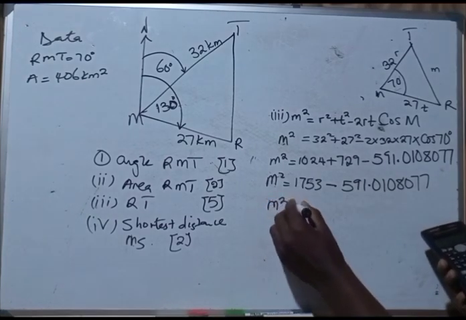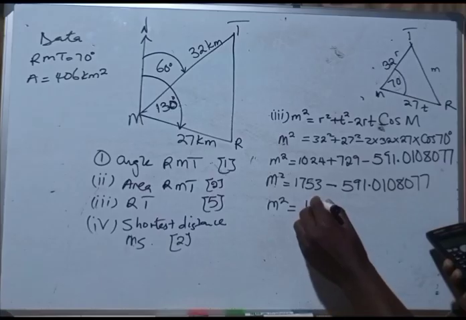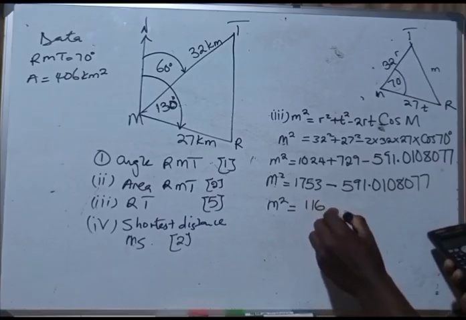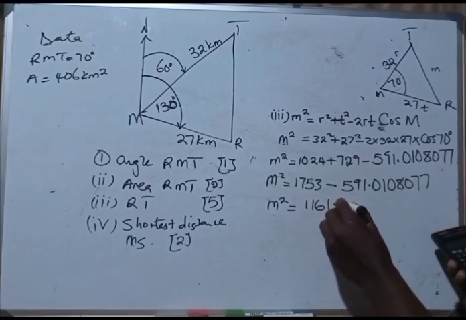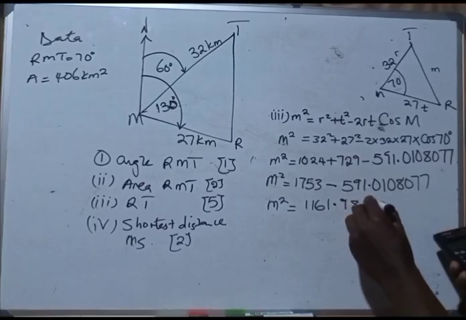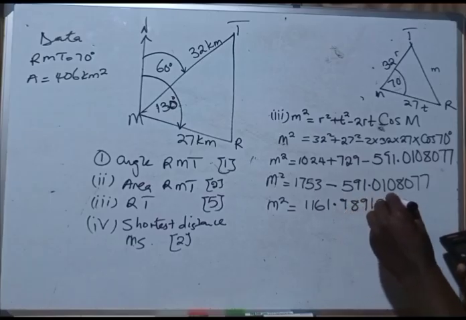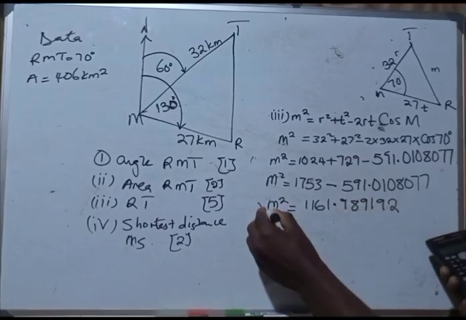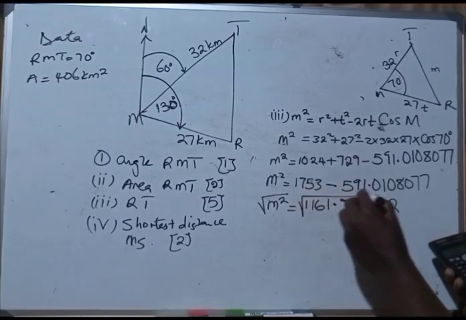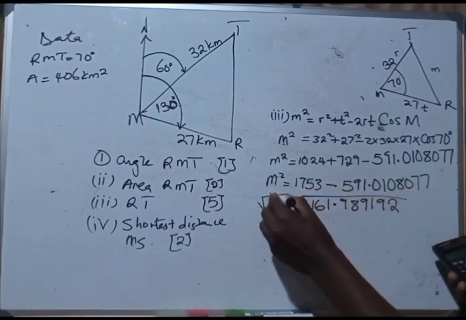So m squared is equal to 1162.989192. Thereafter, we square root both sides.